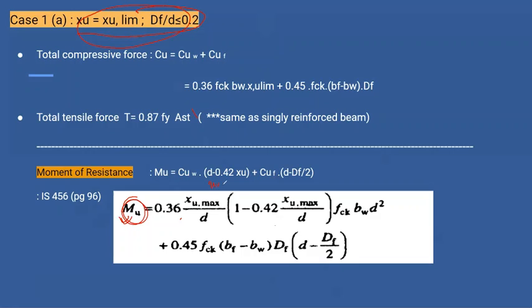We have studied XU limit, but it's the same thing; XU limit and XU max are the same thing. All other things are the same: FCK, BW, weight of the web portion, BF by BW, BF minus BW, DF, D minus DF by D. These things come from here. Basically, you can directly see this formula on page number 96 of IS 456.